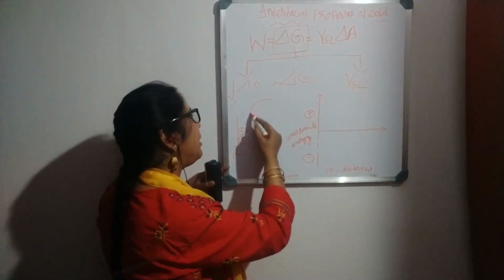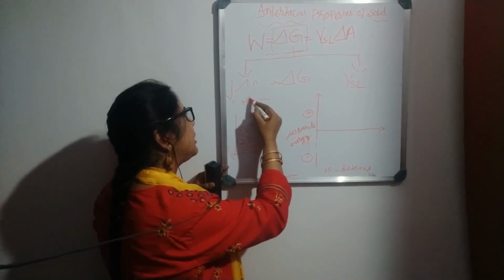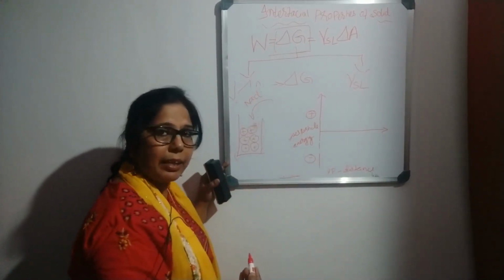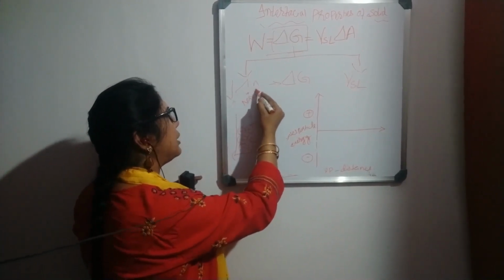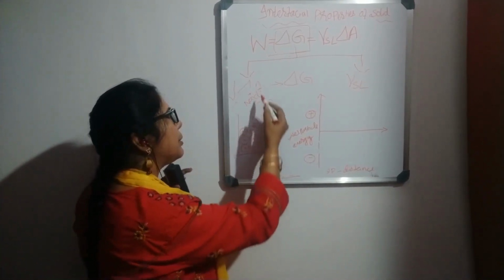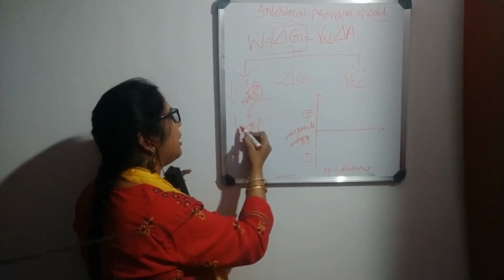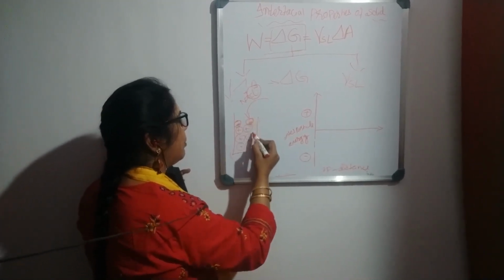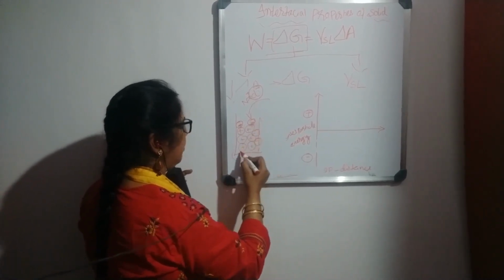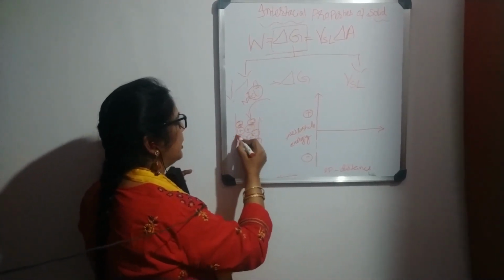Now I am adding an electrolyte, that is sodium chloride. Once I add the sodium chloride, it has both positive and negative ions. The negative charge, that is the anion, will get attracted by the cations, thereby forming the floccules.